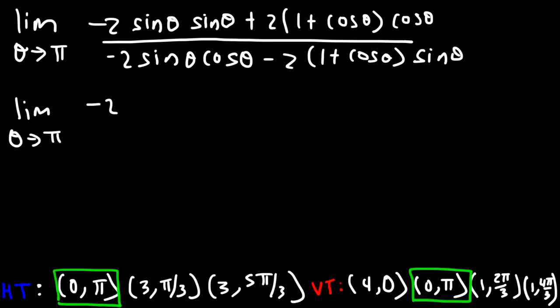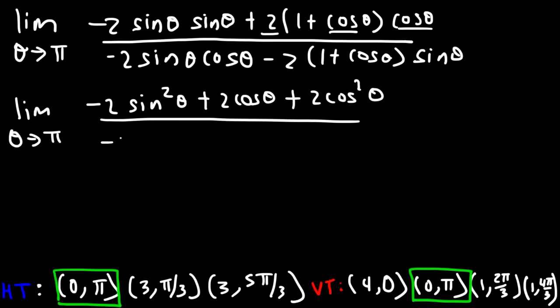So this is going to be negative 2 sine squared theta, and then distribute the 2 into the cosine. So 2 cosine theta times 1, that's just plus 2 cosine theta, and then 2 cosine times cosine, that's positive 2 cosine squared.